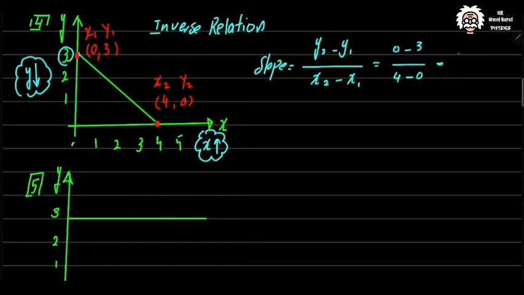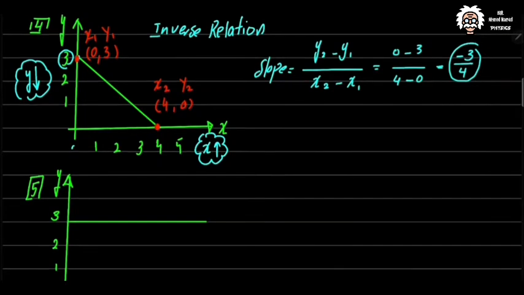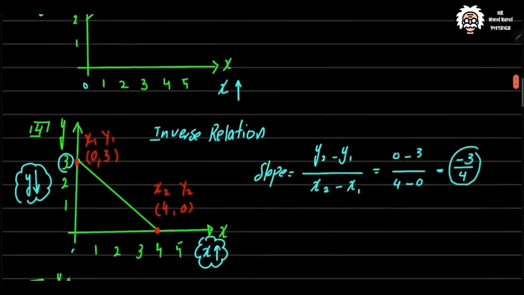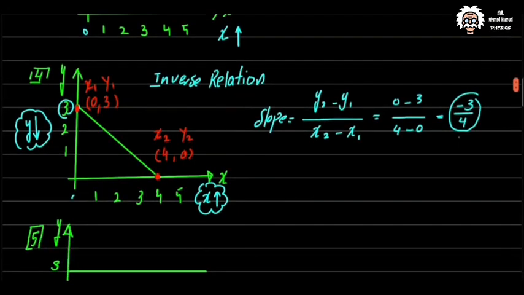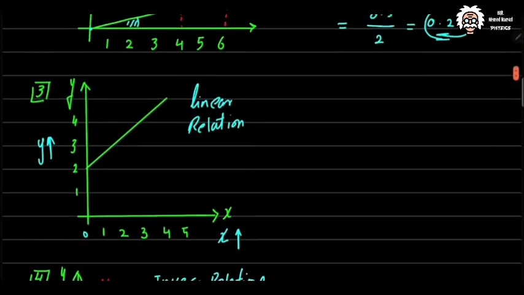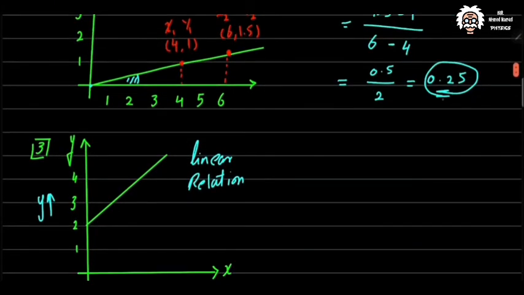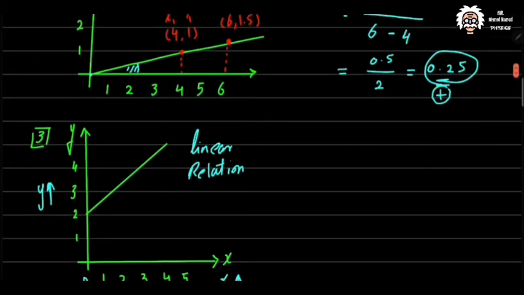It will give us negative 3 over 4. What is the difference between the result of this slope compared with the previous one? If we look at the sign of this slope, the sign here is negative, but in the previous one it was positive. So we can conclude another piece of information from the slope.